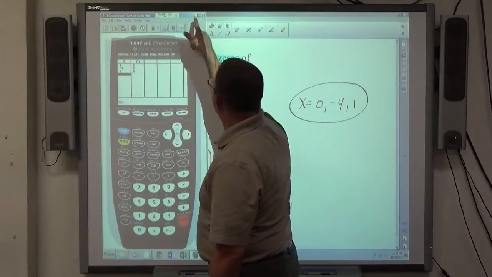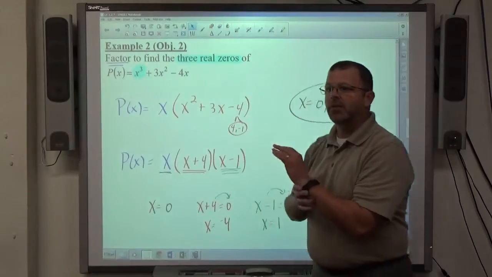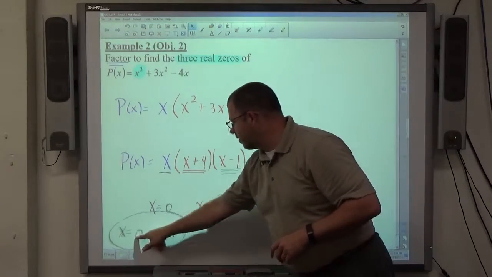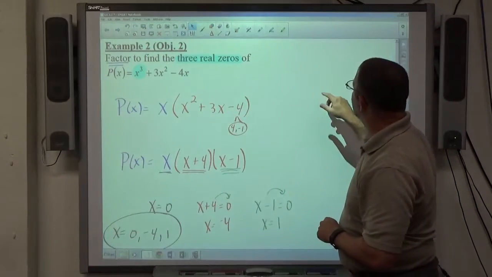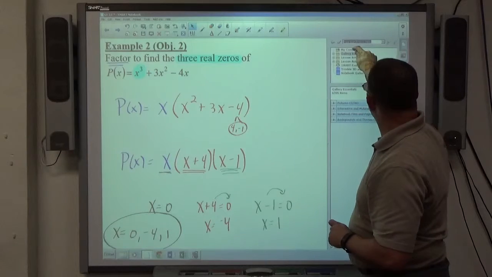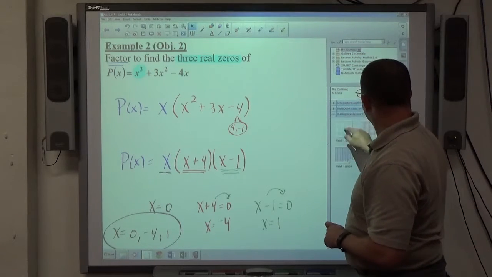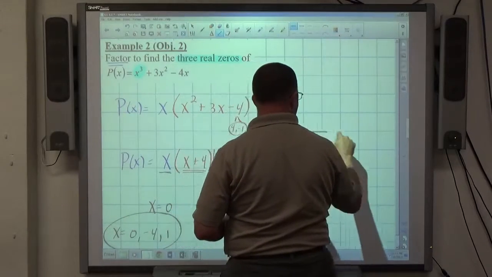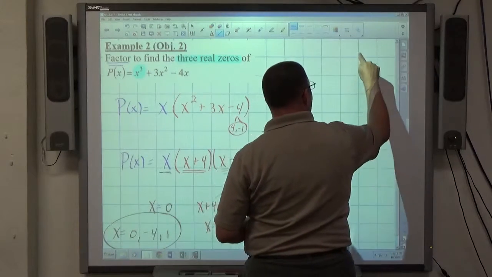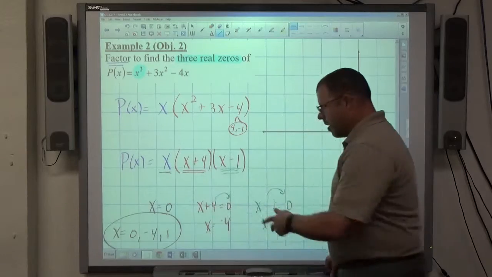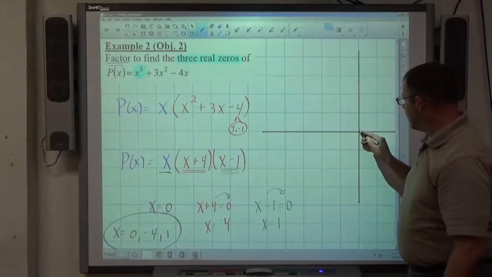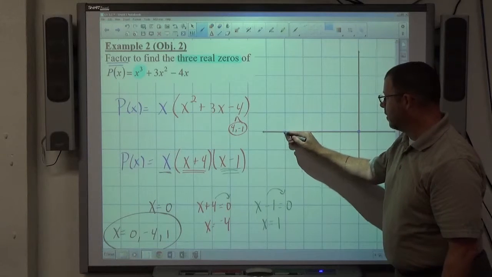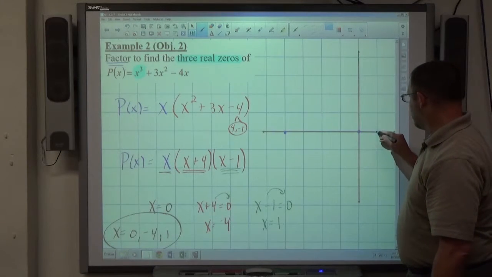Also, imagine this, since we just did end behavior. Suppose we're trying to graph this thing. All right, and let's just say that this information might be helpful in graphing also. We get some graph paper up here. This tells me that (0, 0), (negative 4, 0), and (1, 0) are all points, right?